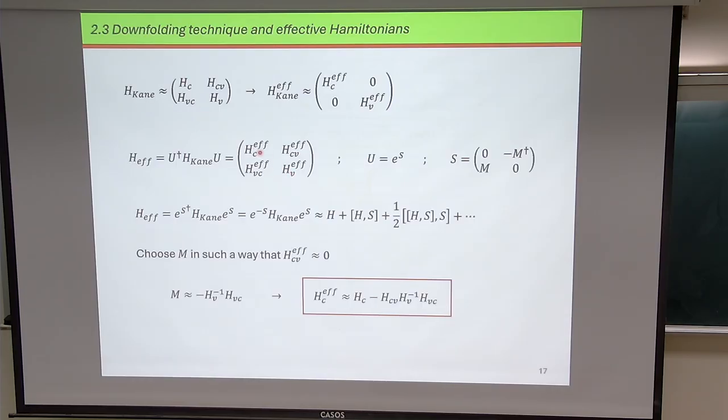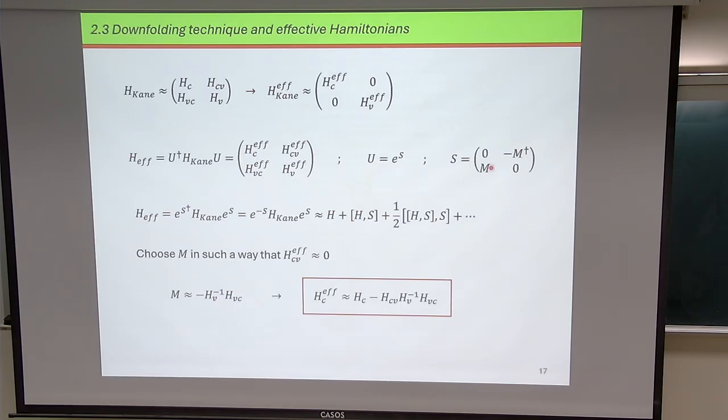I will have some AC effective block, which is just transformed, and here also the transformed blocks. For this unitary transformation, I will use a transformation of the form e to the S, and S has to be written in this form with M Hermitian in order for U to be unitary. So M is a matrix.